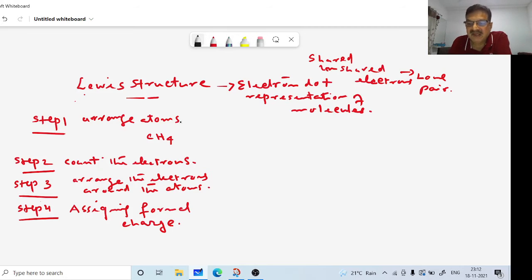We will see the Lewis structure for ethylene, C2H4. Again the same procedure: arrange the atoms. So you have hydrogen, then carbon, hydrogen, again a carbon.